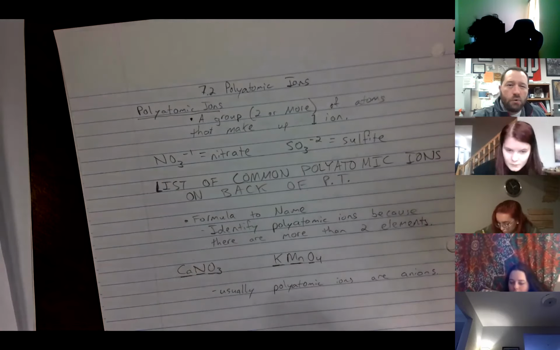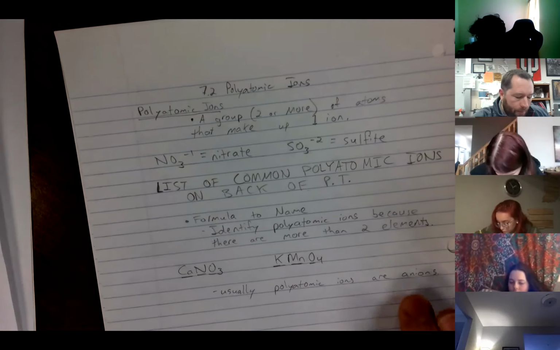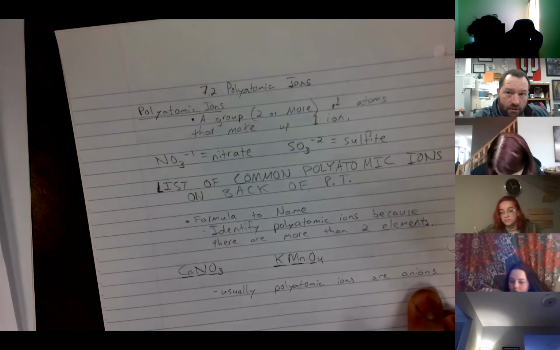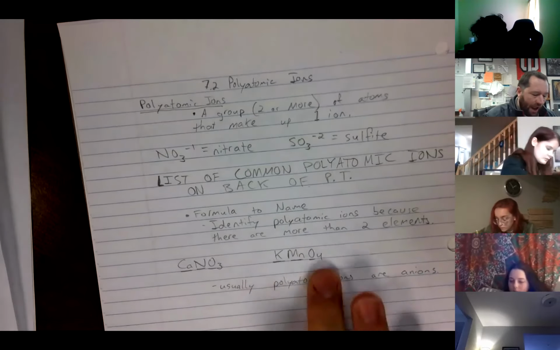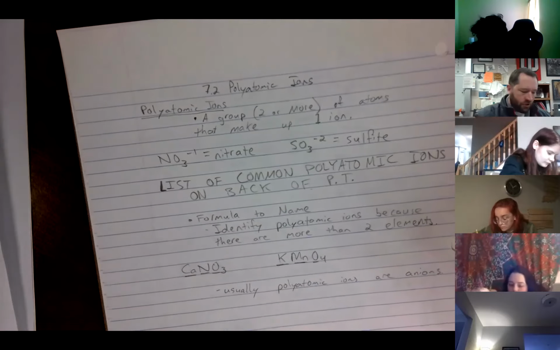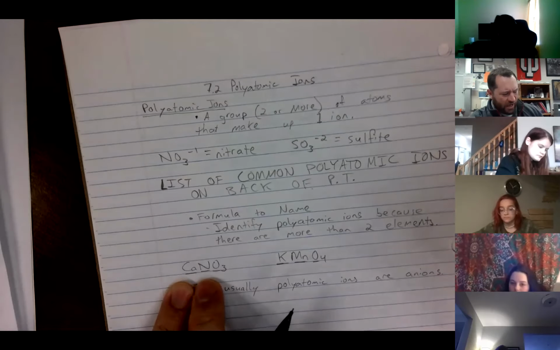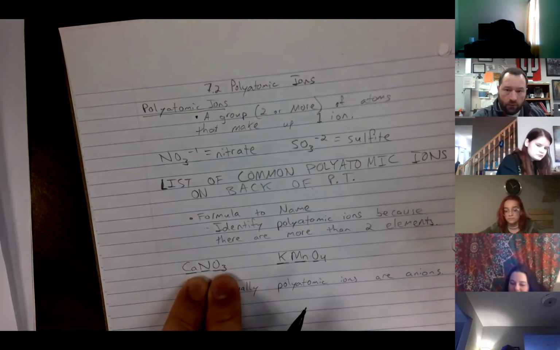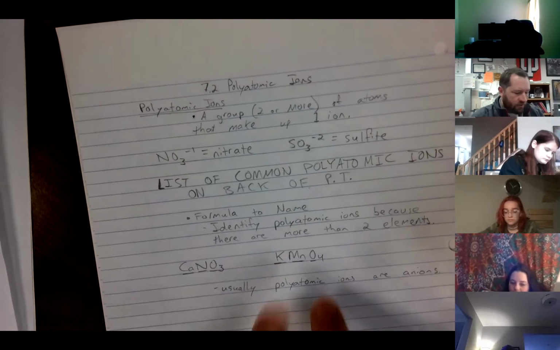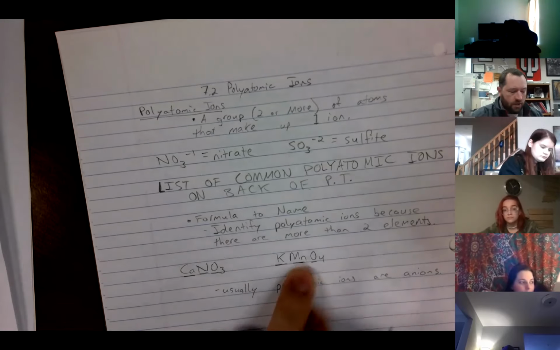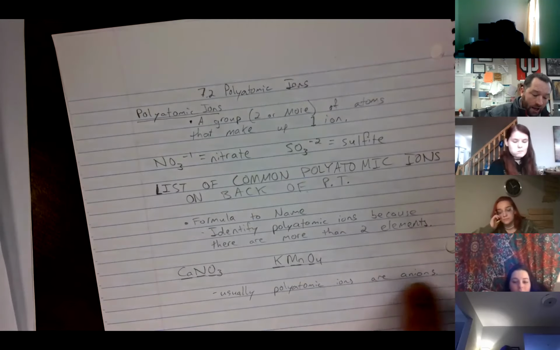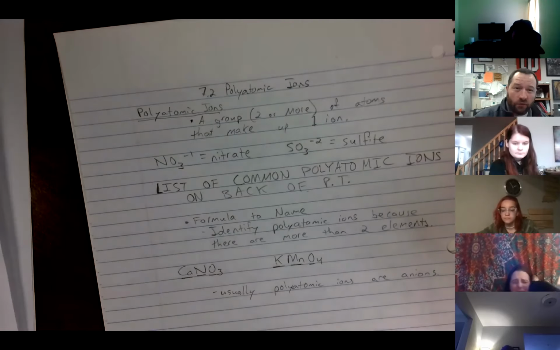Luckily, most of the polyatomic ions we're going to work with are going to be anions, meaning they'll be the second half of the compound. So you don't have to look at this and wonder, is it CaN or NO3? Which is the polyatomic ion? Or is it KMn or just O? They're almost all anions, which means they're almost all negatively charged.